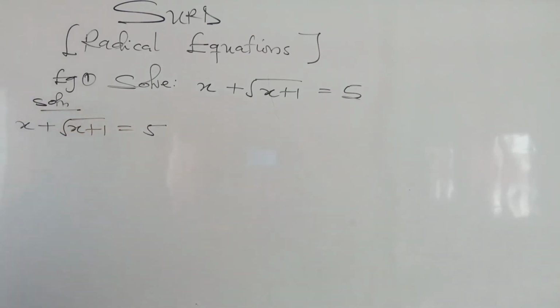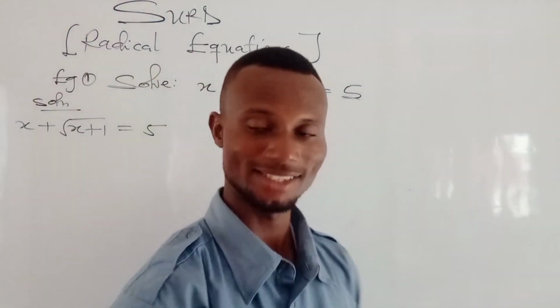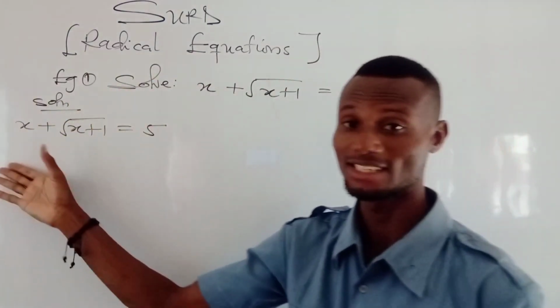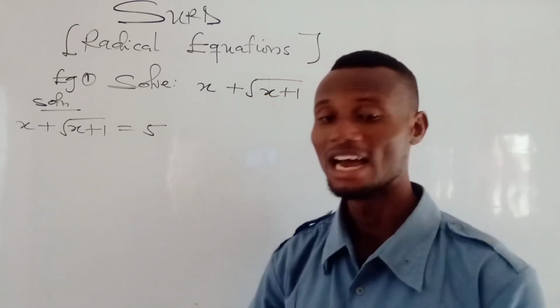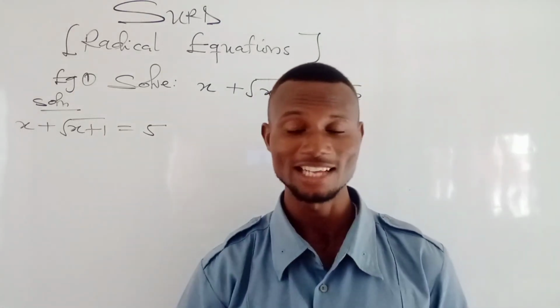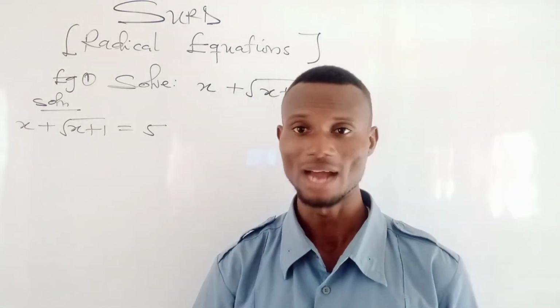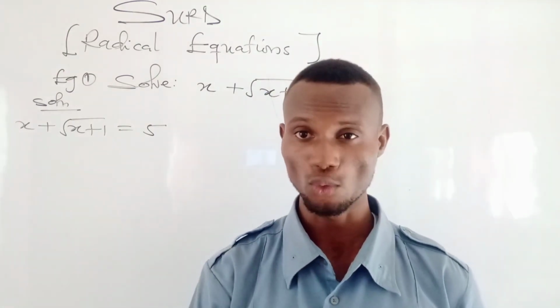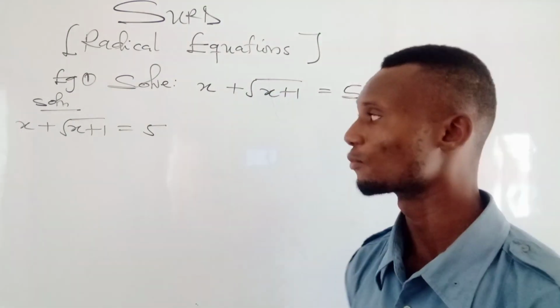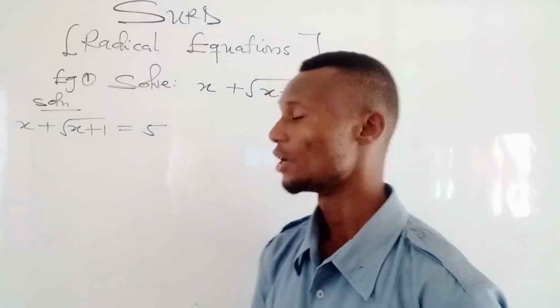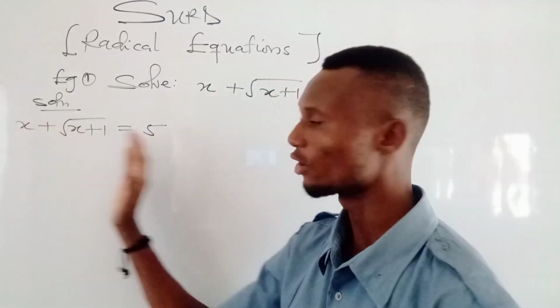We are to solve for the value of s in this equation, which is a radical equation, because I've explained to you that any equation that contains a square root is referred to as a radical equation. Now we are going to square both sides of the equation.